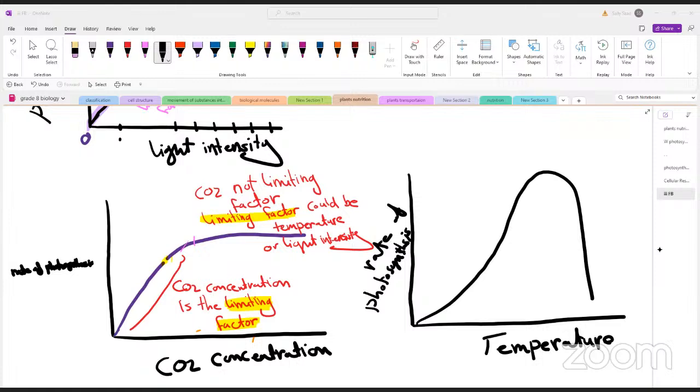So in some questions, in some answers, it could be considered a limiting factor, but water has to be available, because if it's not, the plant will close the stomata and photosynthesis may stop. Is it clear?